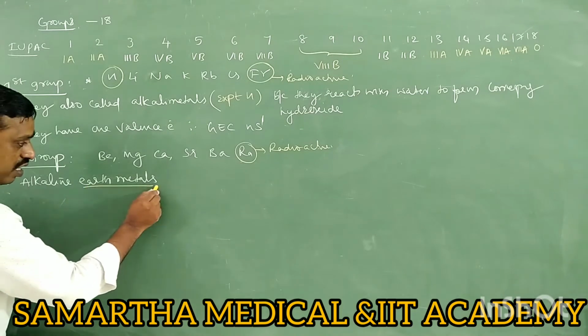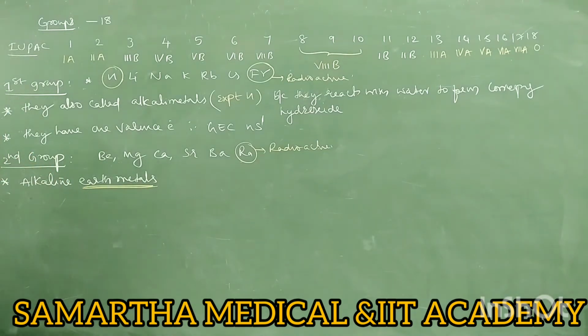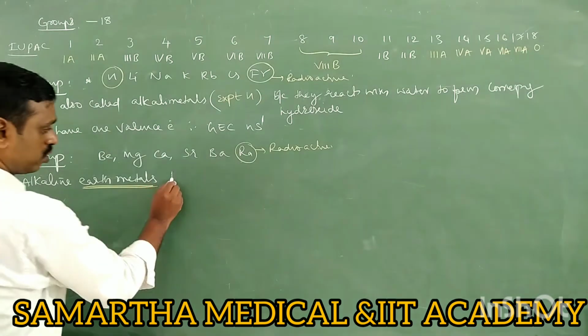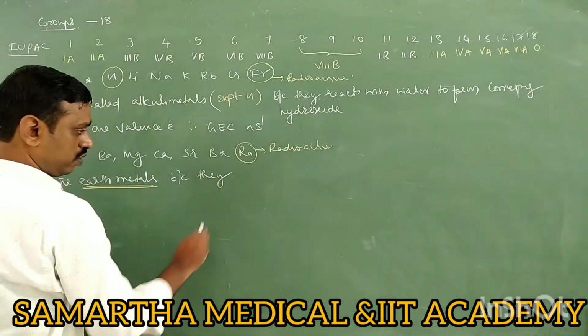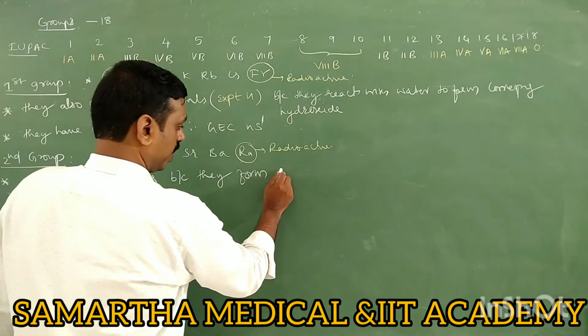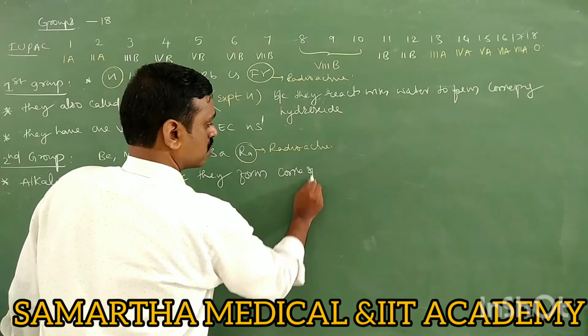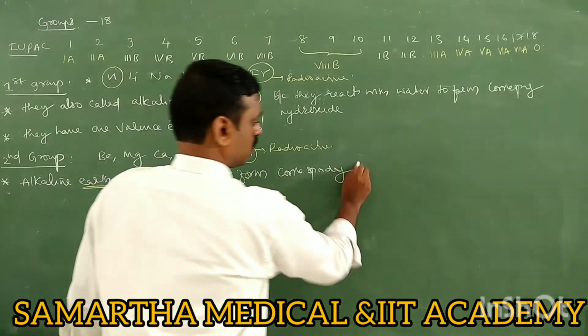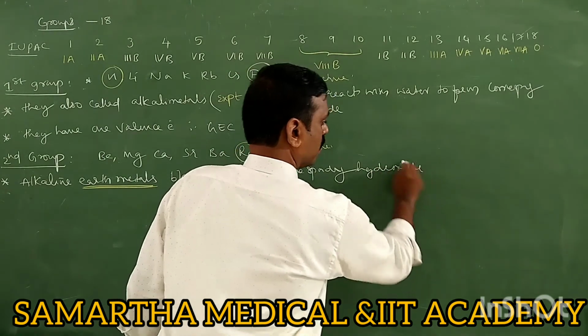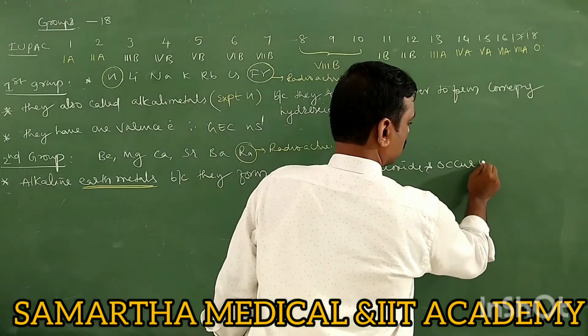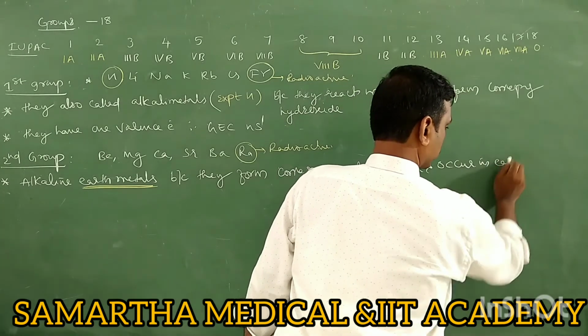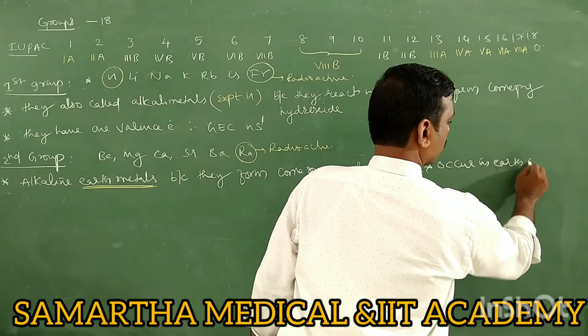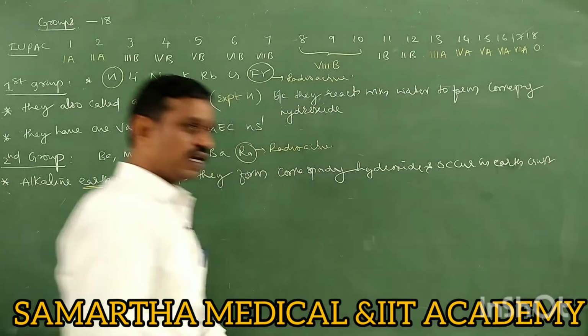Most of these elements occur in the earth's crust and they are alkaline in nature, hence they are called alkaline earth metals. So they form corresponding hydroxides and occur in the earth's crust.